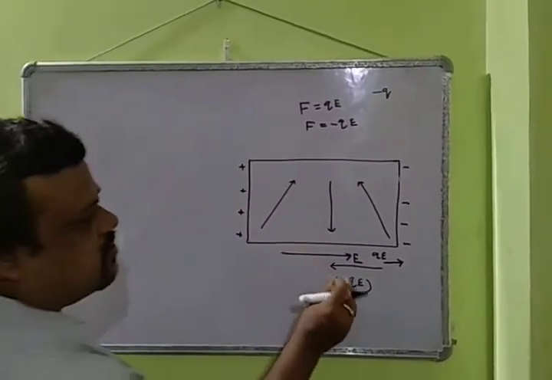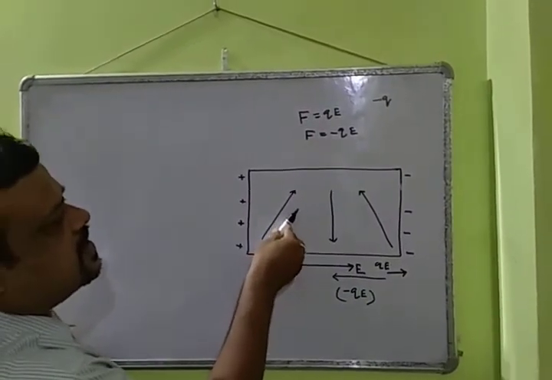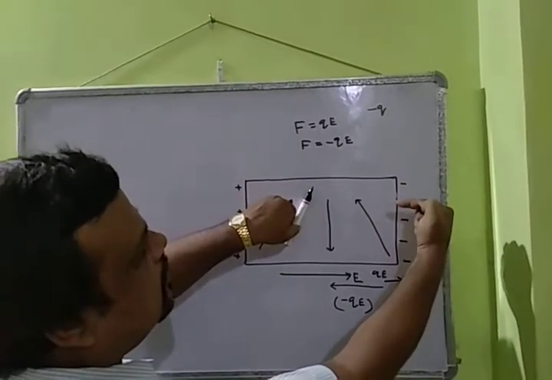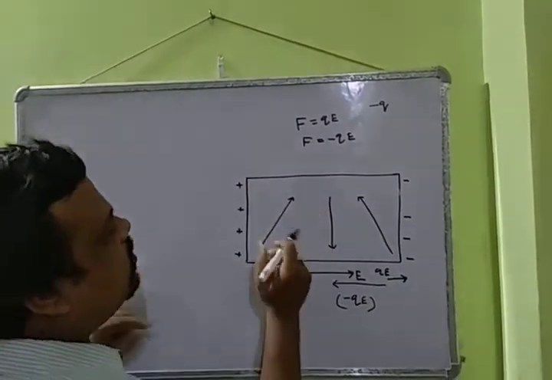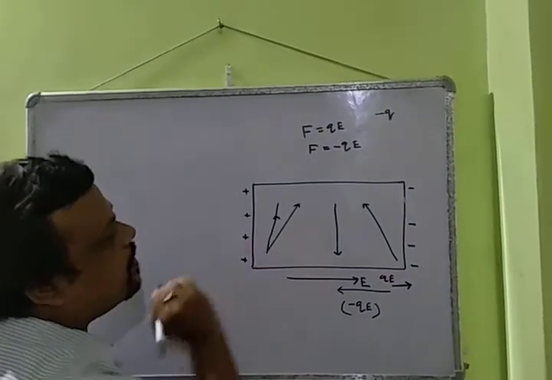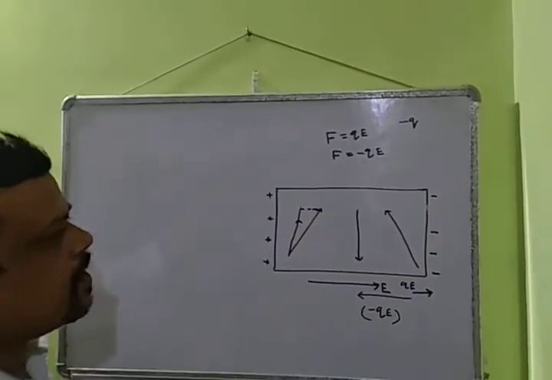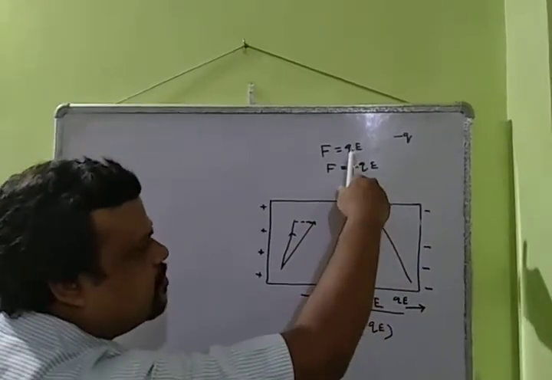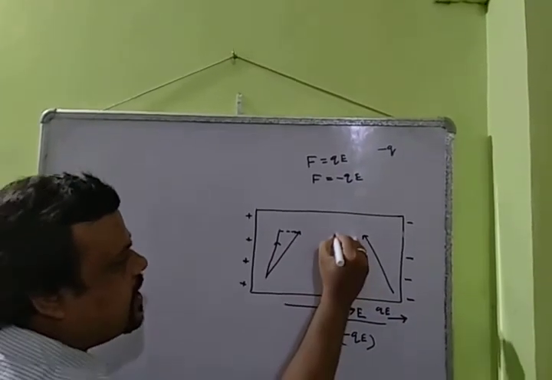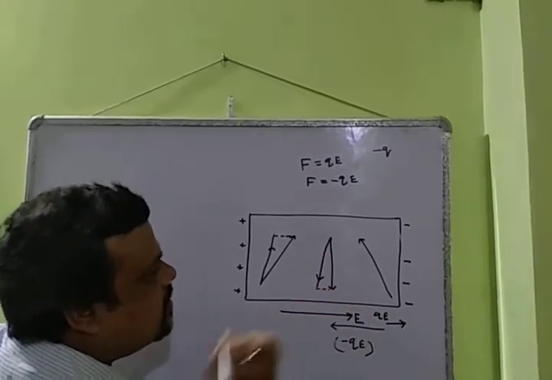So when electrons experience a force minus qE, suppose this is the direction of motion and the force is acting like this, it will deviate slowly. This is the deviation. Similarly, if the electron is moving down, there is a force along this direction, so again there is deviation.